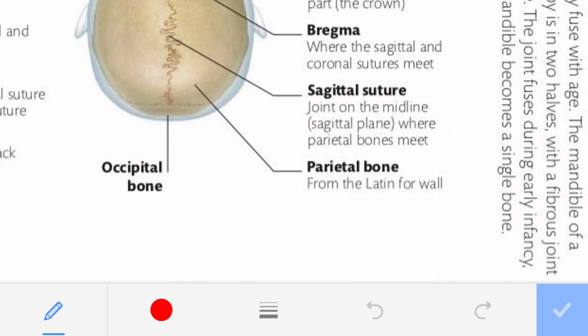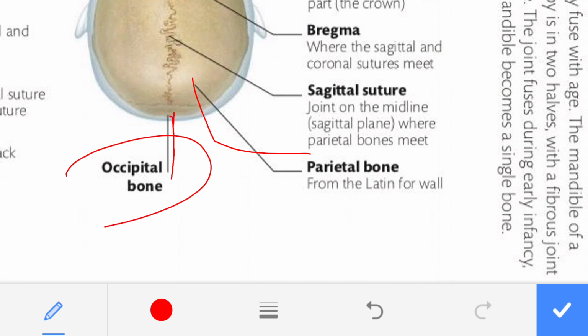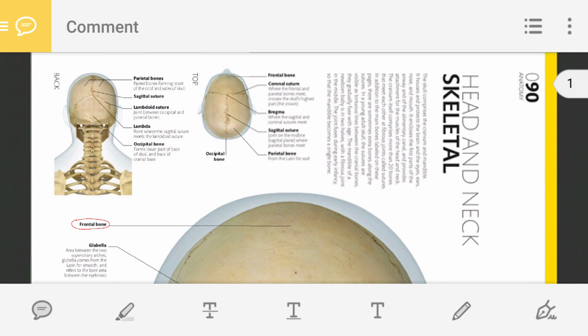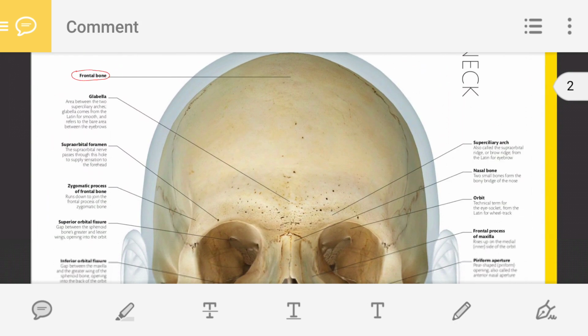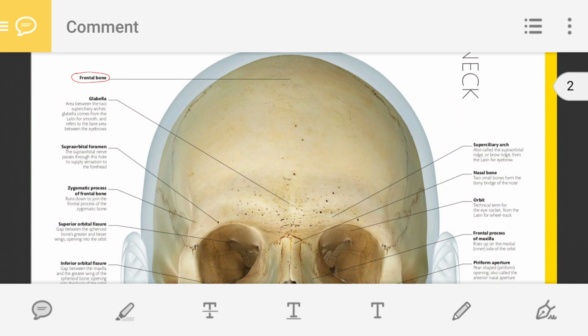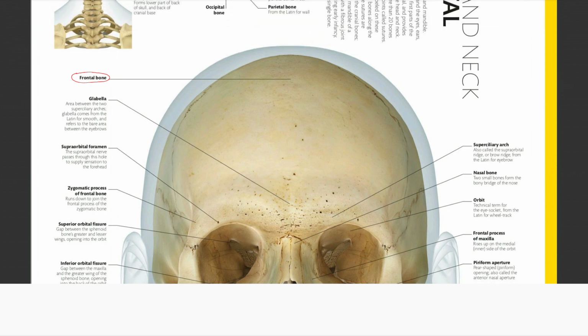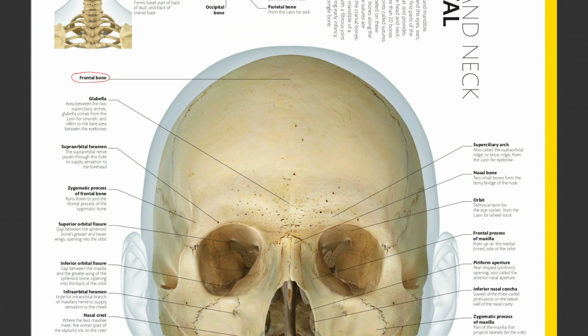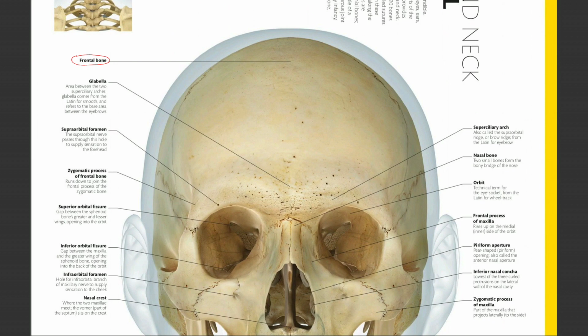Then this one is the parietal bone, and this bone, the occipital bone.